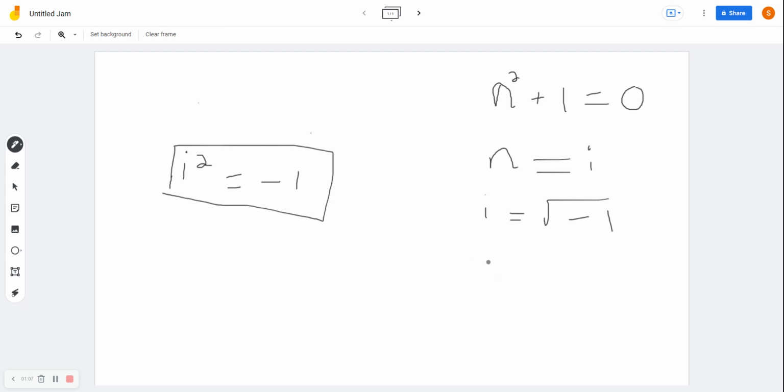So then i squared plus 1 equals 0, because i squared equals -1. Alright, so that's just a fun tidbit.